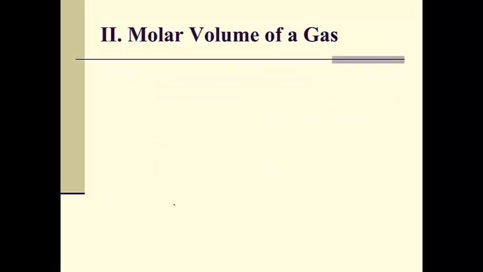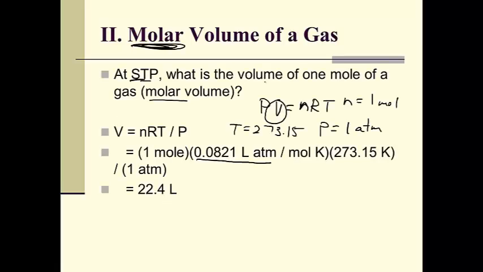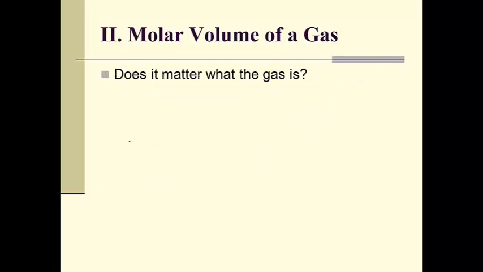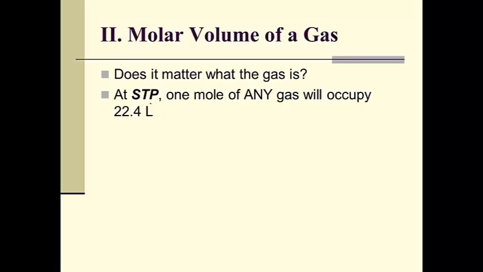Now, nice thing about this, it doesn't matter what the gas is. Let's go back and look at the question. It's just asking what's the volume of 1 mole of the gas. It didn't specify what the gas was. So we can now say at STP conditions, if you have 1 mole of gas, as long as it is a gas at STP conditions, it will occupy 22.4 liters.